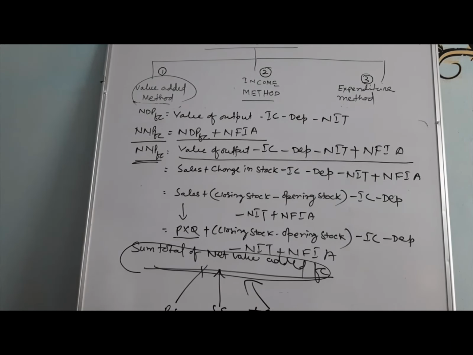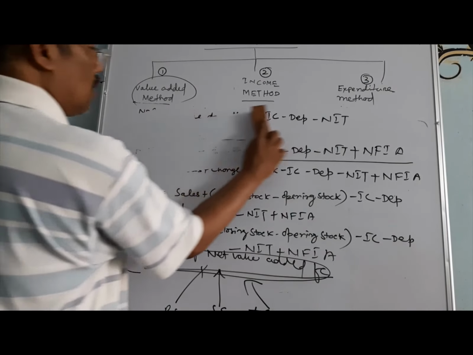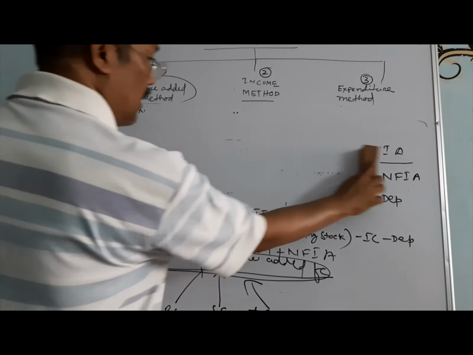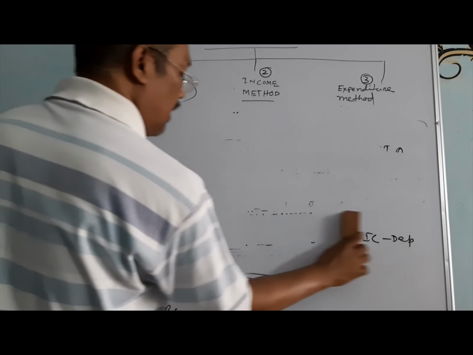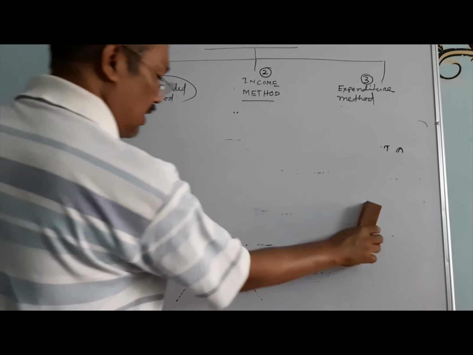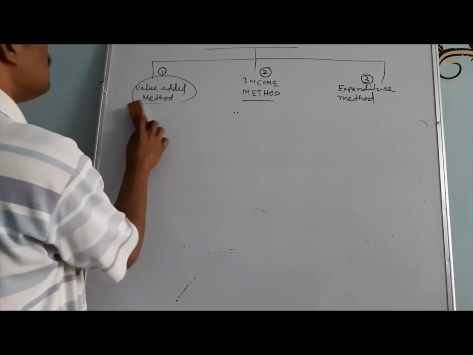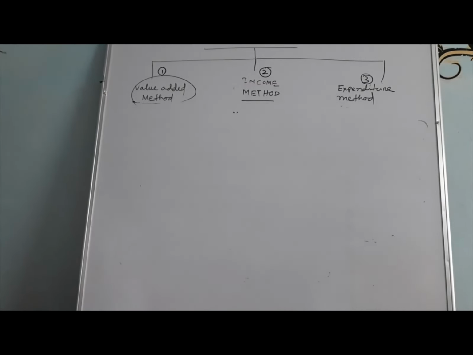So if we calculate the producing enterprises, they are divided into primary sector, secondary sector, and tertiary sector. Three sectors we have already known.